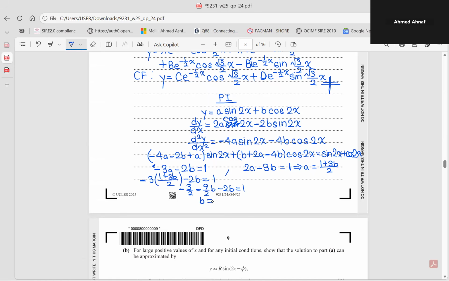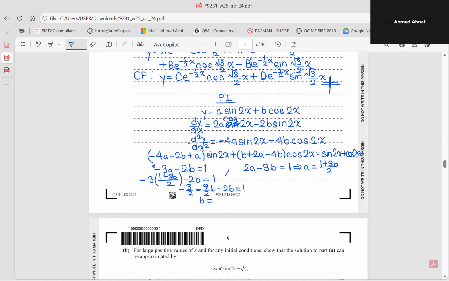And therefore b is going to be, minus 9 over 2 minus 2, which is negative 13 over 2.